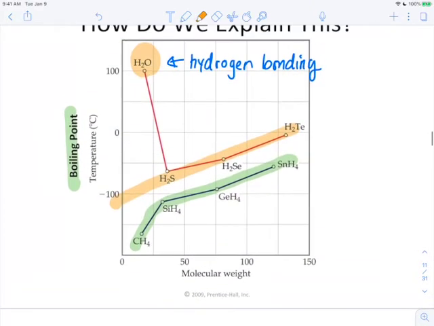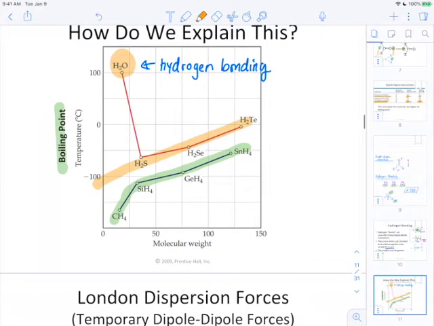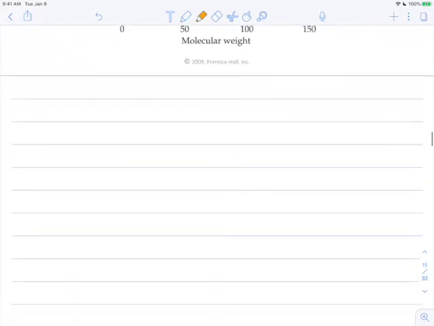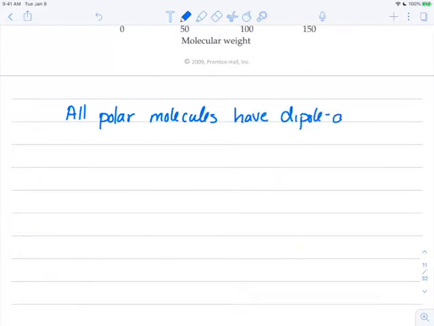So before we move on, I just want to emphasize one more thing. Earlier we said all polar molecules have dipole forces. So all hydrogen bonded molecules also have dipole forces because they are polar.